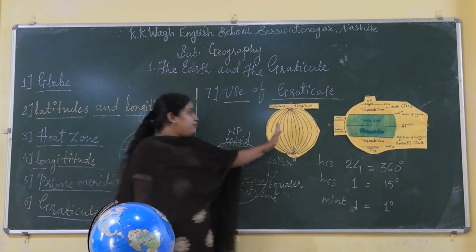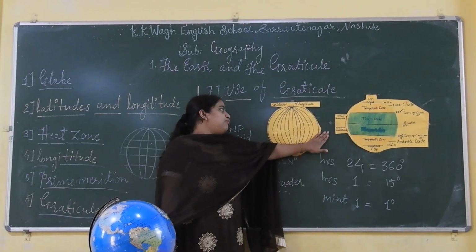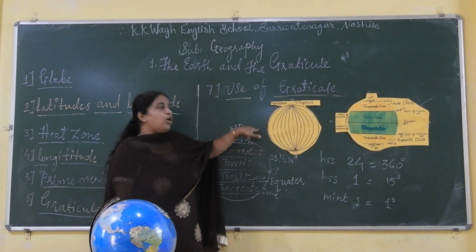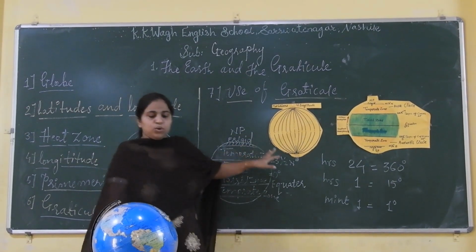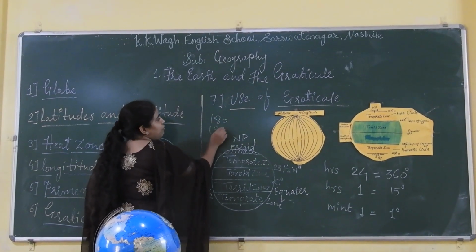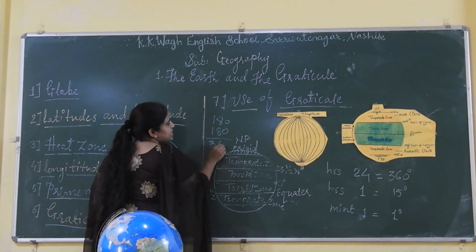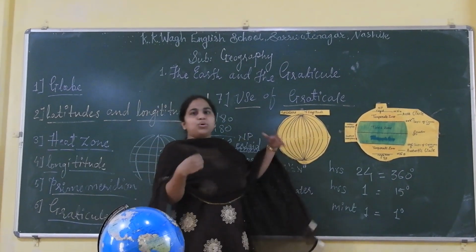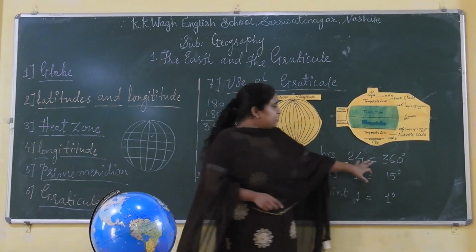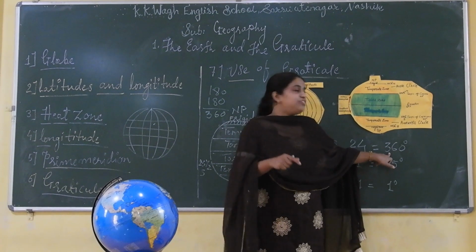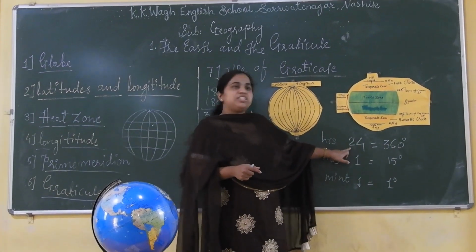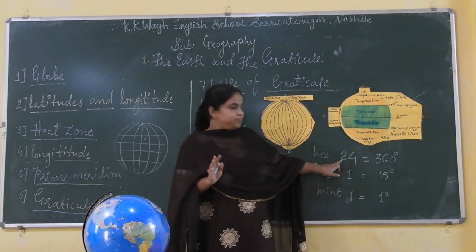After 0 to 180 it finishes, and again from 0 to 180 from the east side. The total is 180 degrees plus 180 degrees, which means 360 degrees, which our Earth rotates, as you know. For the completion of the rotation of 360 degrees, it requires 24 hours, which is our full day.